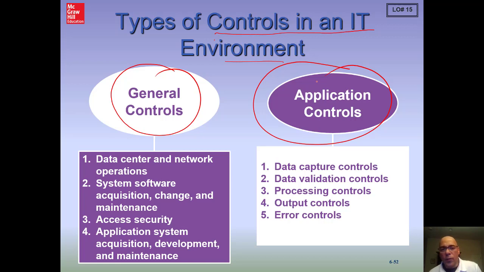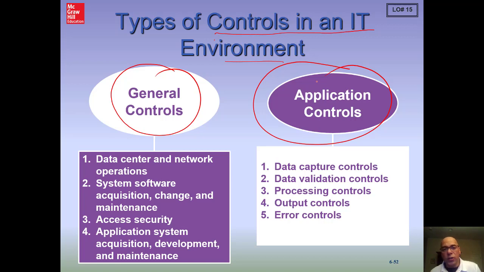Now, the application controls rely on the general controls. So if you have a client that has poor general controls, you do some penetration testing, and you may use an IT specialist. Remember, we talked about the use of specialists. You may use an IT specialist to come in and look at those general controls.